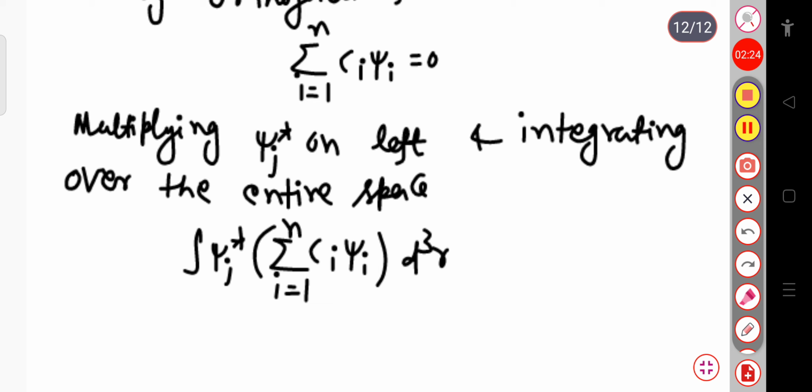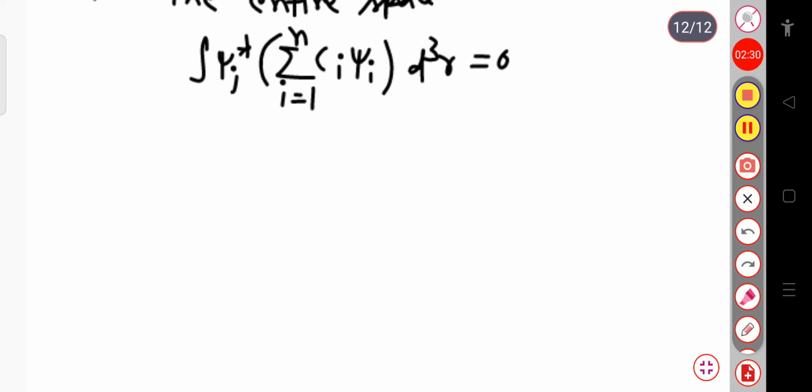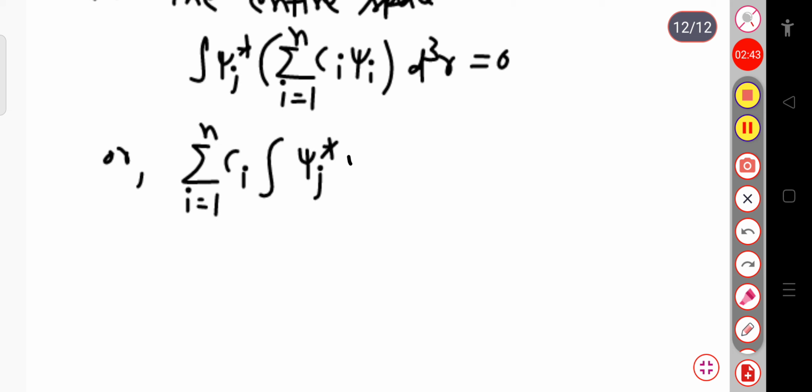We have just multiplied by psi j star and integrated over the entire space. Now we can write this as the sum over i equal to 1 to n of ci times the integration of psi j star into psi i dτ.